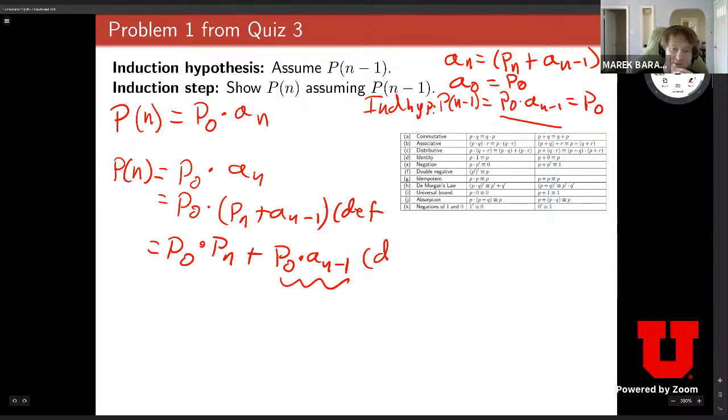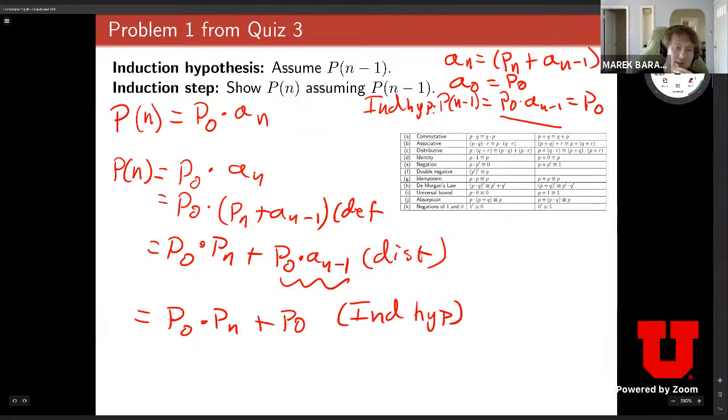This was by distributive. So we get P0 times Pn plus P0, and that's the induction hypothesis. And then we can use the distributive rule. No, actually, we need to use identity first.